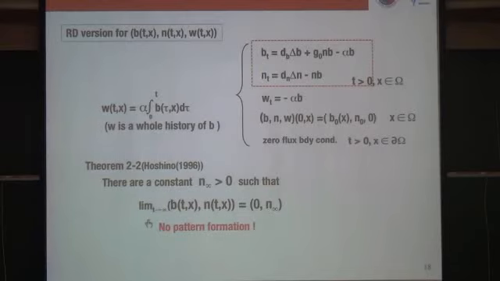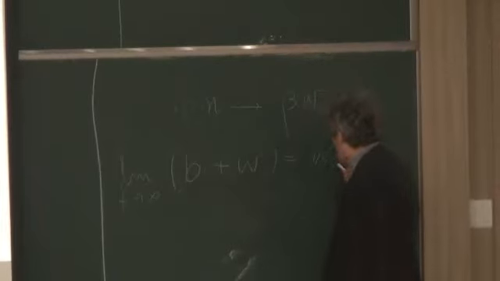But the total density is B, this is active, plus W. This is the total density. Okay. So in experiment we can see both, and if we take the limit T tends to infinity, what happens? So this tends to 0. So this tends to something like this.